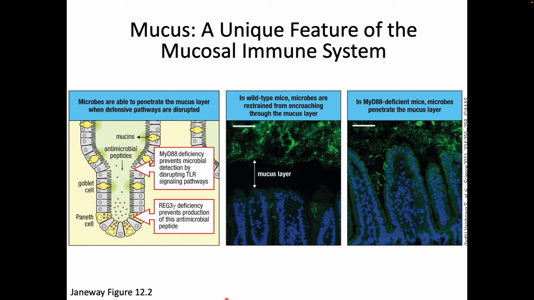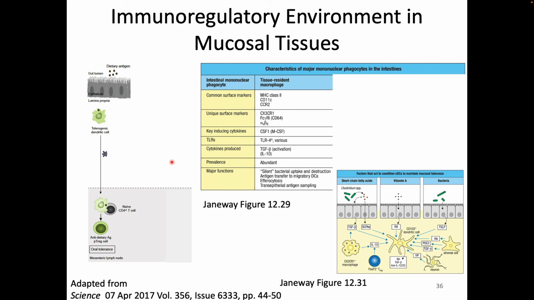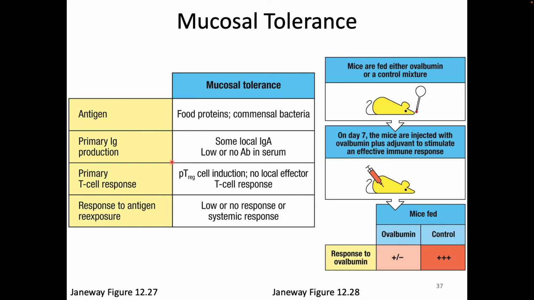And so one of the things you'll notice is that one of the proteins that is involved in mucus is MyD88, which is part of toll-like receptor signaling. And so the PRRs may be helping to control what's going on with the mucus, but also helping to allow the cell to know, is this an invasive organism, or is this an organism that is less problematic? And then, of course, we have the anatomical specializations to just flush stuff out.